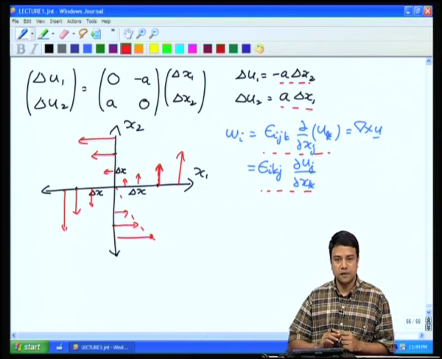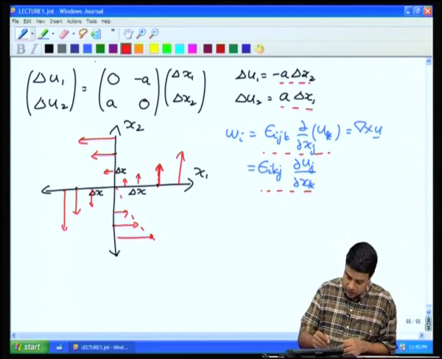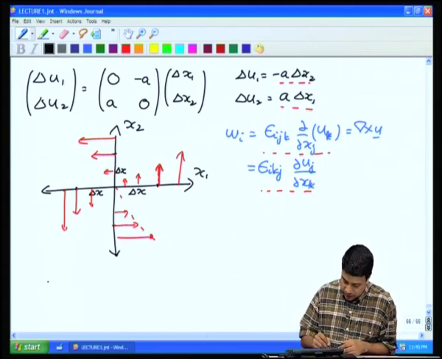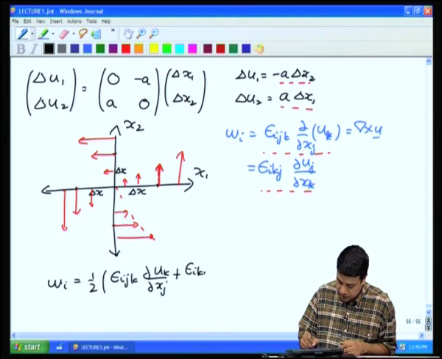If some quantity is equal to a, it is also equal to b, it is also equal to half of a plus b. So, therefore, I can also write omega i as half of epsilon ijk partial u k by partial x j plus epsilon ikj partial u j by partial x k.